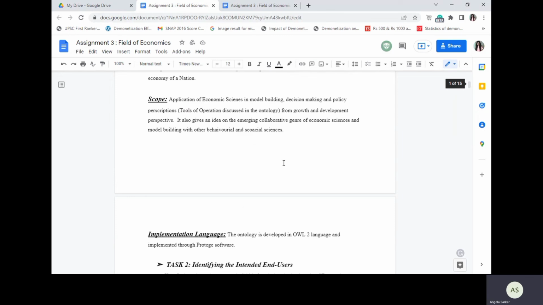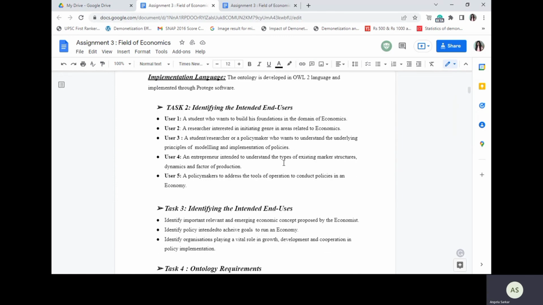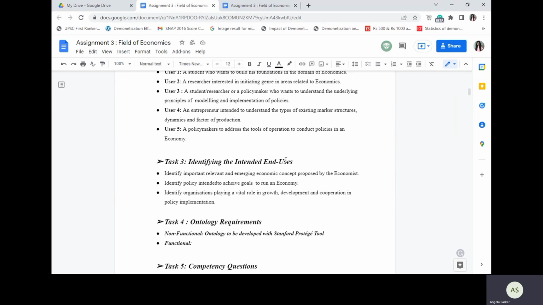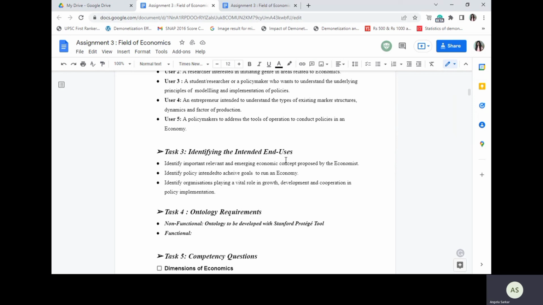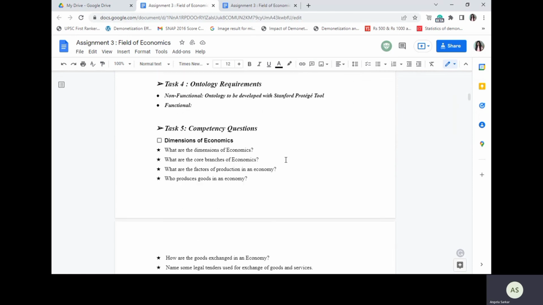It will help researchers and policymakers who want to build foundations, understand the decision making processes, the policy building, analysis, the science behind it, the tools of operation to conduct policies. So we have defined all of that.